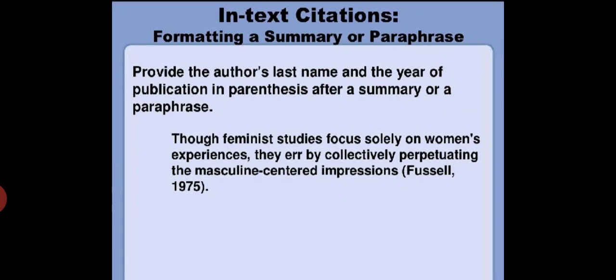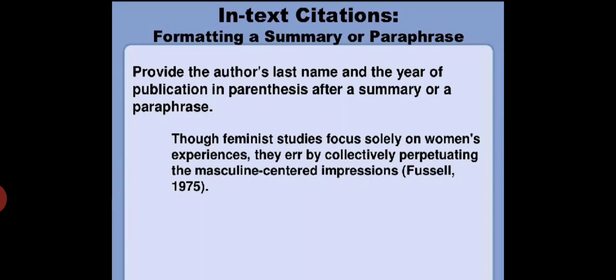In-text citation, formatting a summary or paraphrase. Provide the author's last name and the year of publication in parentheses after a summary or a paraphrase. Though feminist studies focus solely on women's experiences, they are collectively perpetuating the masculine-centered impressions.